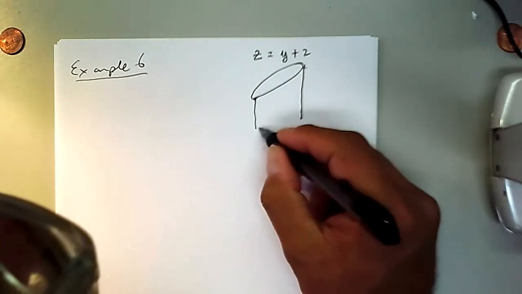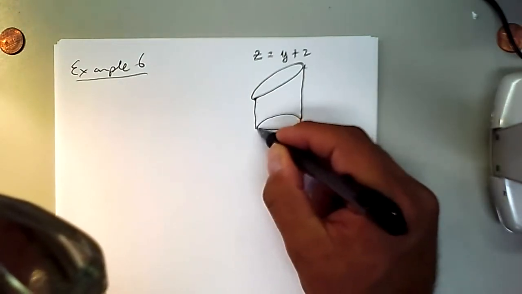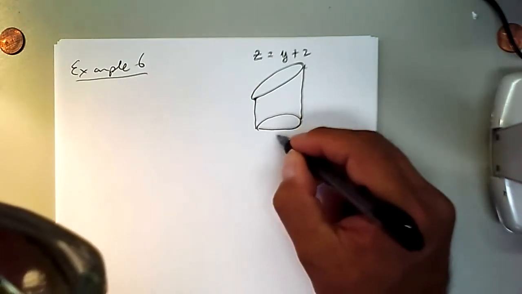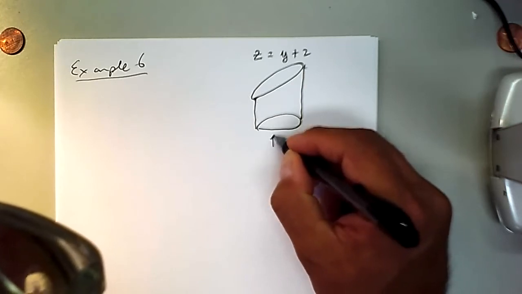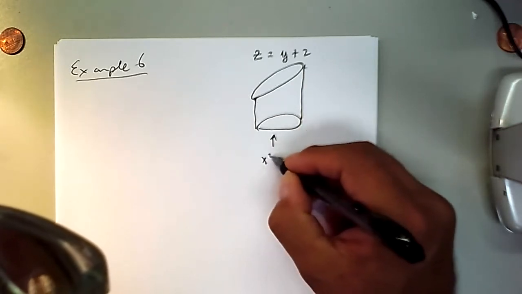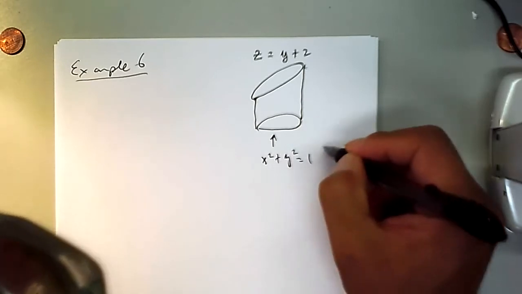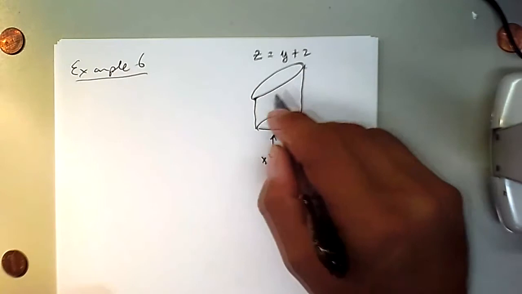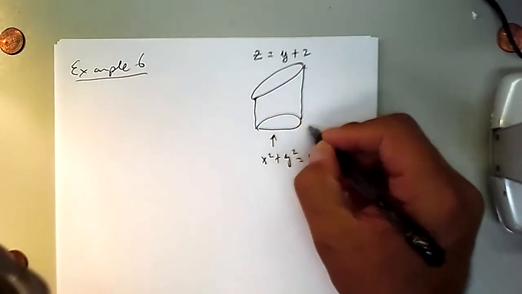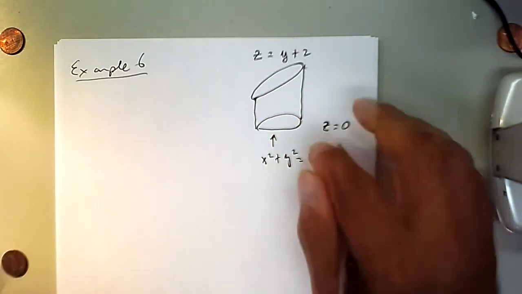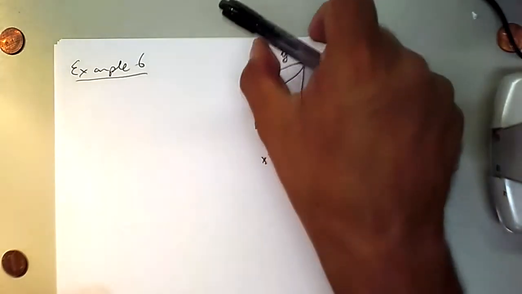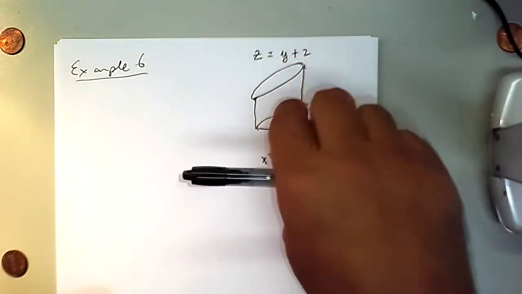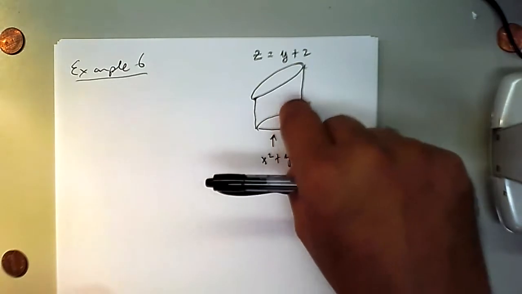And then we're going to have a circle down here. That is going to be the unit circle. So the bottom is going to be x squared plus y squared equals 1, the unit circle. That's the plane on the top. And by the way, at the bottom, z is equal to 0. So that's a plane on the bottom, a cylinder, and a plane on the top. And we end up with a solid.